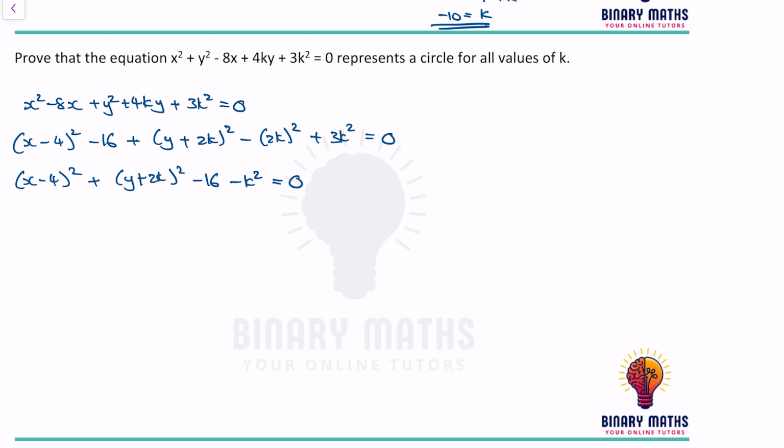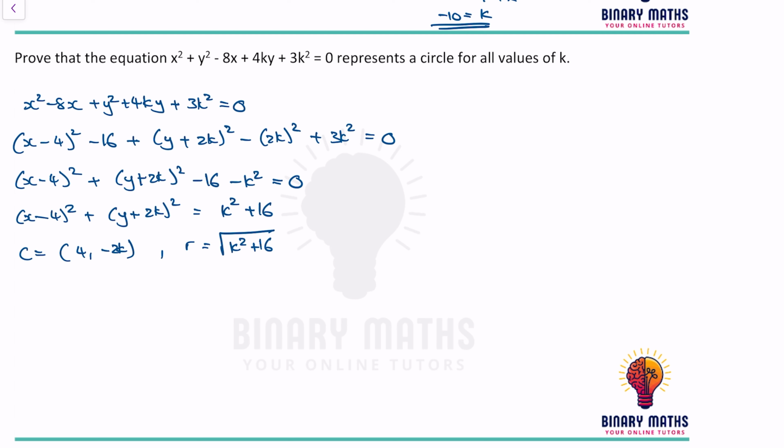If I take the constants to the other side, I get (x - 4)² + (y + 2k)² = k² + 16. So the circle centre is (4, -2k), and the radius is the square root of k² + 16. Now I'm trying to show that this represents a circle for all values of k.